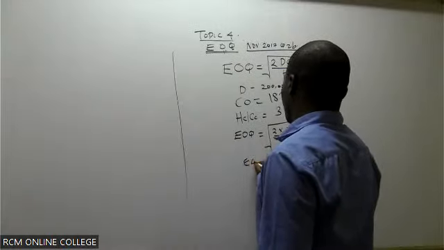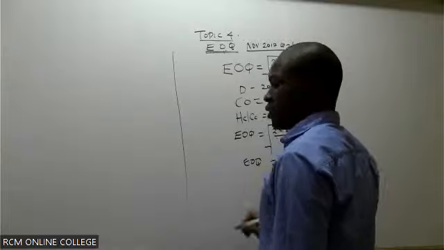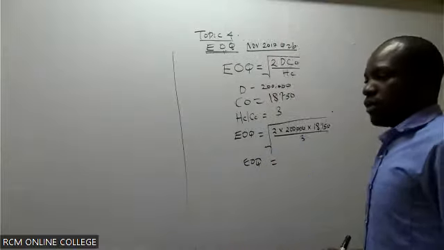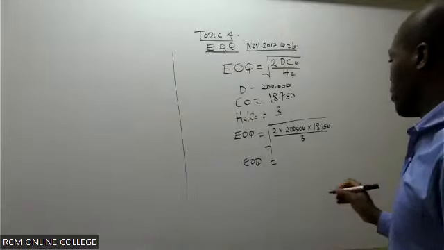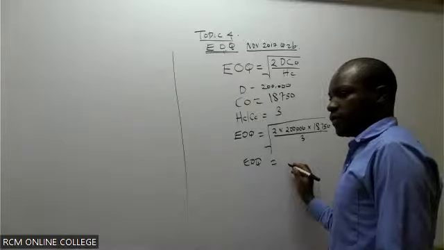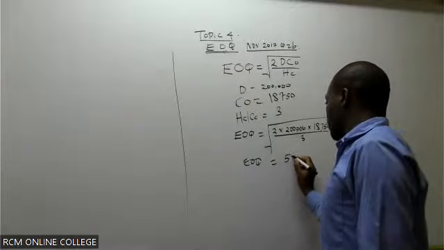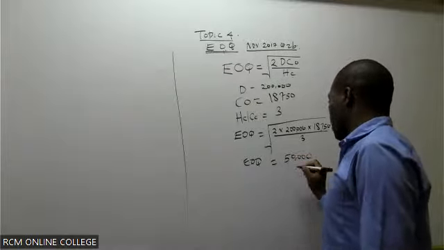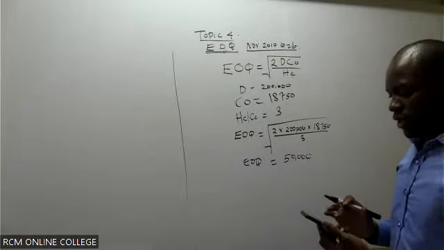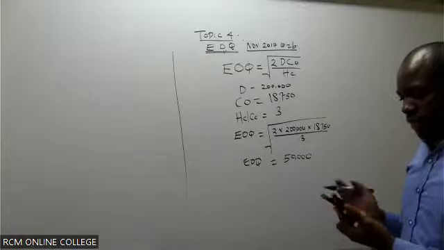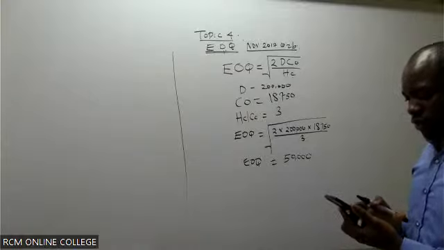So what is our economic order quantity? It is equivalent to 50,000. Good. Just as simple as that, and you have your 2 marks.